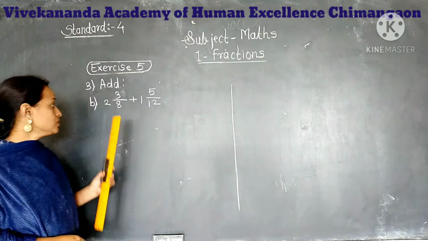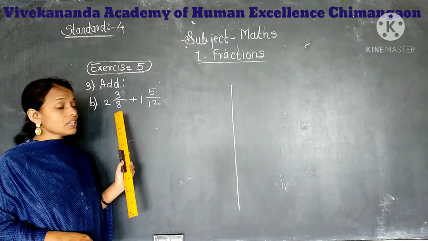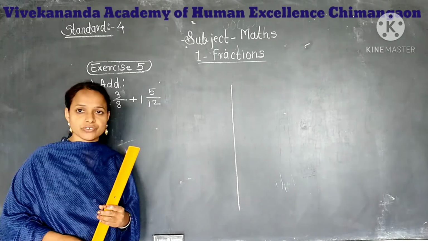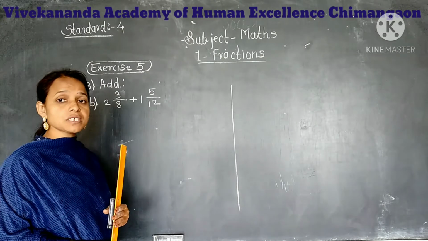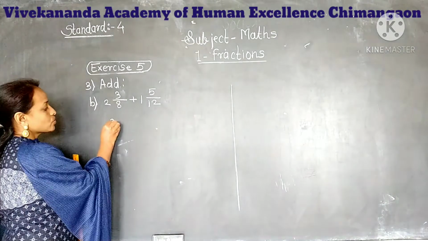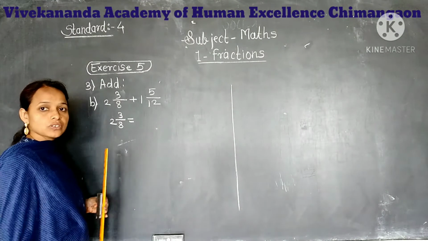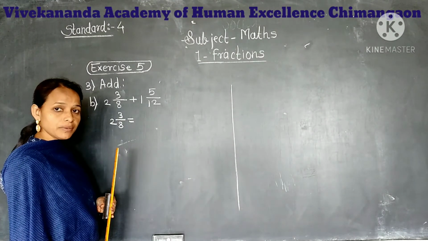Next example, 2 3 upon 8 plus 1 5 upon 12. Now these two fractions are mixed fractions. So first we convert these mixed fractions into improper fractions. The first fraction is 2 3 upon 8. So we convert it into an improper fraction.